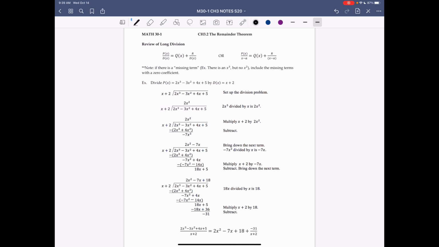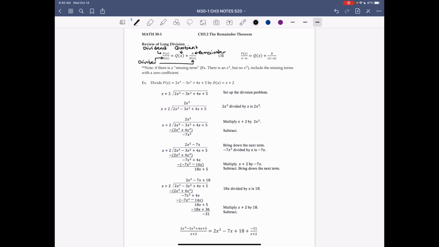If we divide a polynomial, p of x, which is called the dividend, by d of x, which is called the divisor, then the result is q of x, which is called the quotient, plus r, which is the remainder, divided by d of x, which again is our divisor.